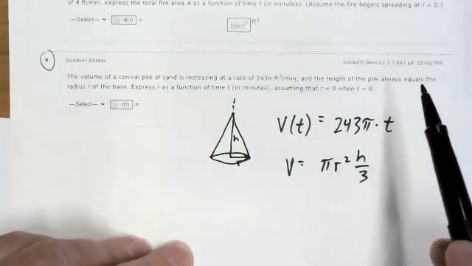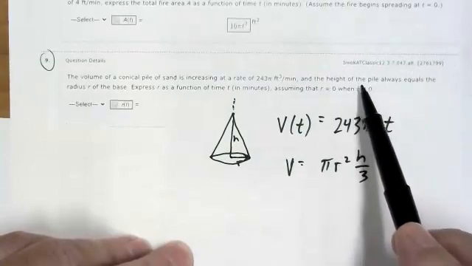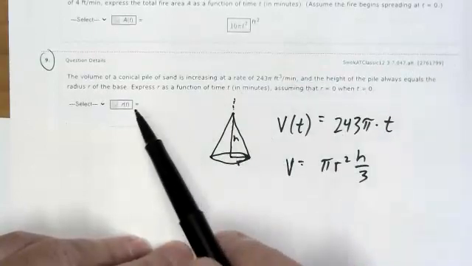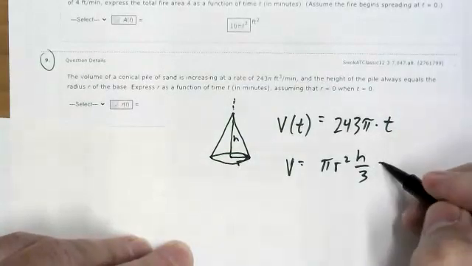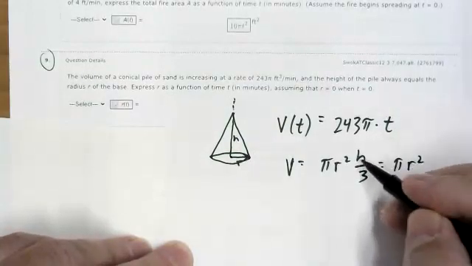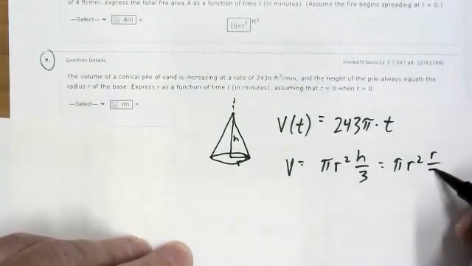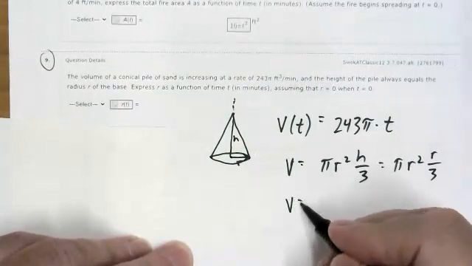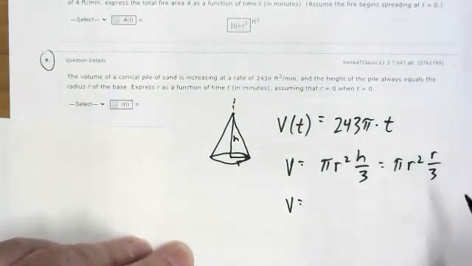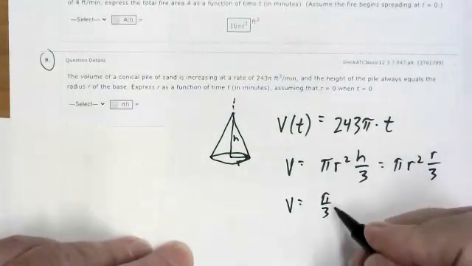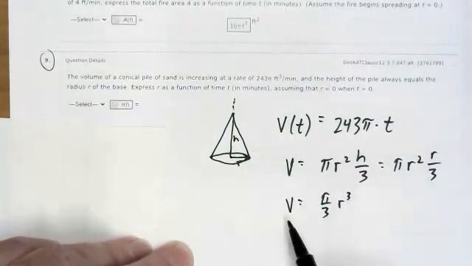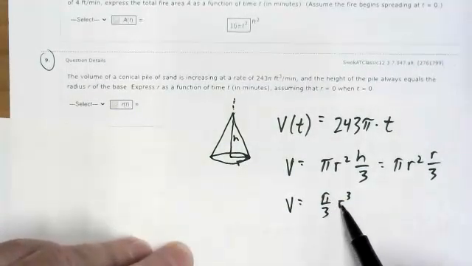Of course, look what the problem says. The height of the pile always equals the radius of the base. So h is the same as r, and I can replace h with r. So instead of writing h here, I'll replace it with r. And now I have a new equation, pi over 3 r cubed. So the volume of this cone of sand is pi over 3 r cubed.